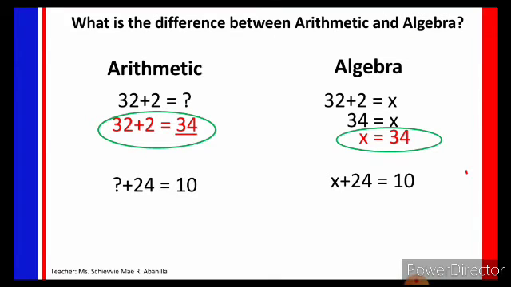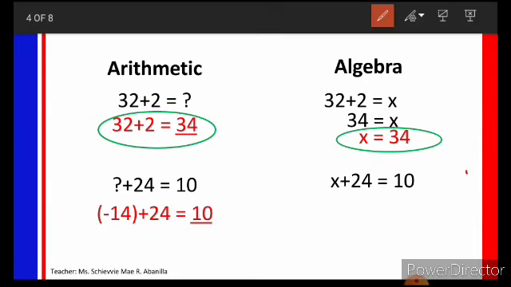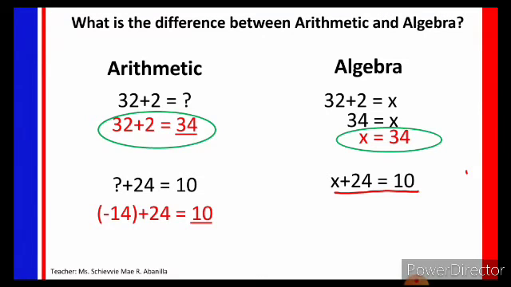Find out. It would be 14. Very good, because when we add negative 14 and positive 24, that will give us positive 10. Here, remember the rule of integers, right? But for algebra, we have a different approach. So let's find out what is that approach.